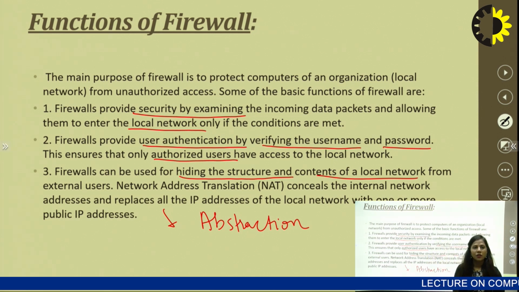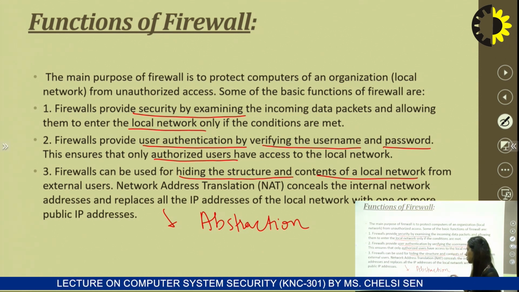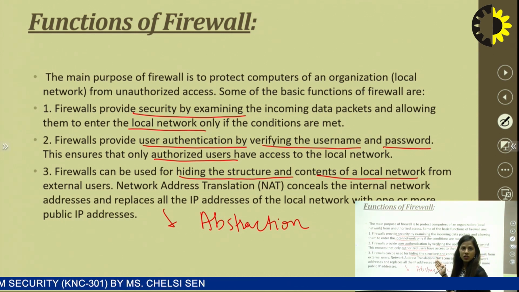Abstraction is a term in which we show only the essential details. We hide the unwanted features behind the particular information. So these are the abstraction features provided by the firewall. The firewall is used for hiding the structure and the content or information data passed in the local network.